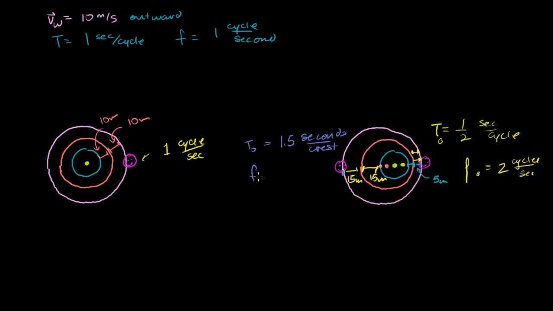And if you take the inverse of that, 1.5 is 3/2, so that's 2/3 of a cycle per second. So when the source is moving away from this observer, the perceived frequency is lower than the frequency of the actual emitted wave. When the source is moving towards the observer, the frequency is higher.